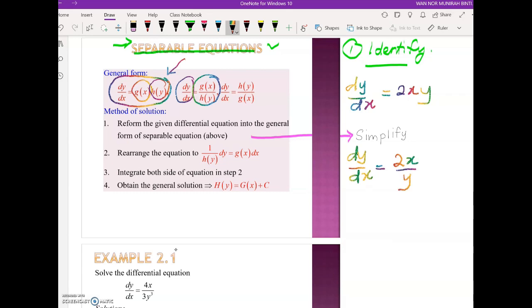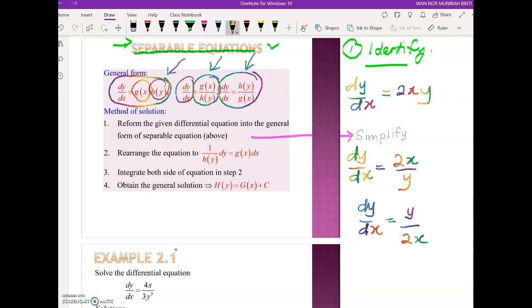And the last one, if you have dy/dx equals y over 2x. So when you have a first order differential equation in these three forms, you can say that, oh, I have a separable equation.